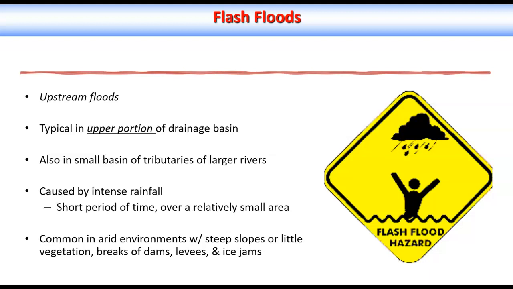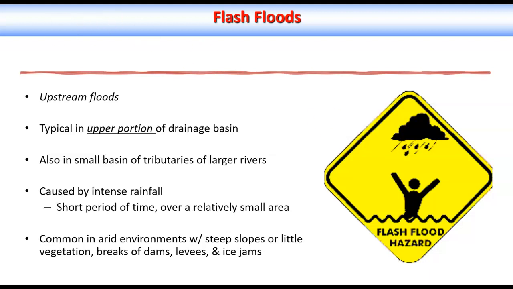But what we want to say about flash floods is that they're fast and they're short, and they usually cause some damage very quickly and then they go away. We get these heavy rainfalls that overtop streams quickly or run down streams, and they do some damage and then they're done.